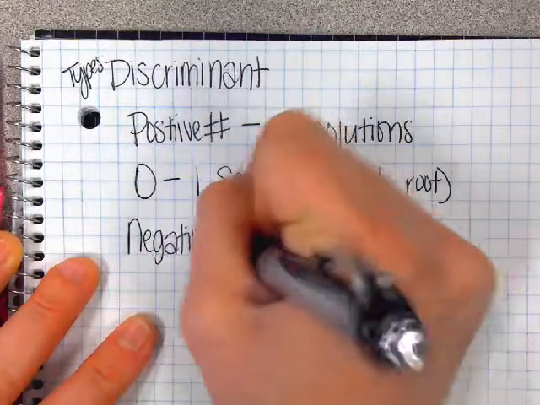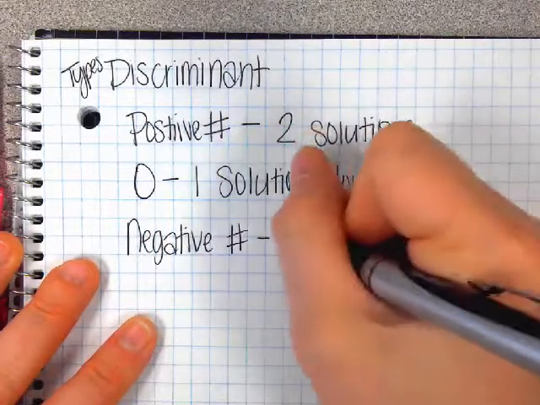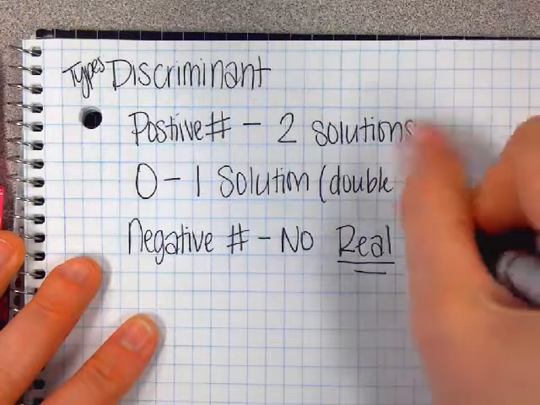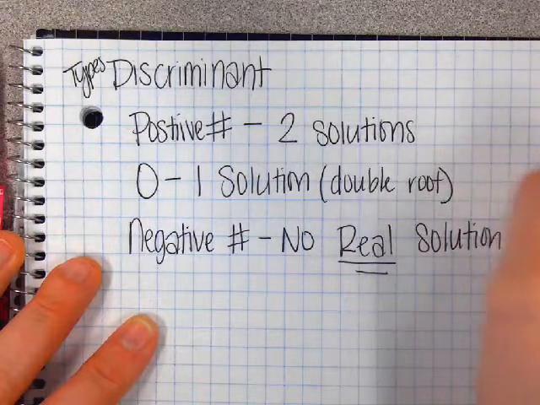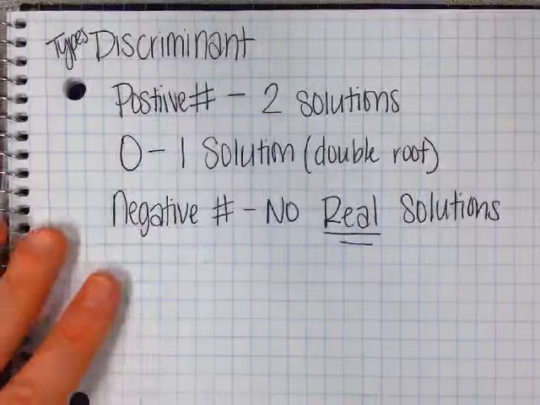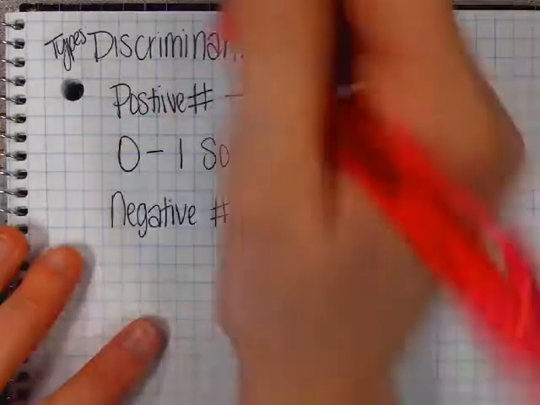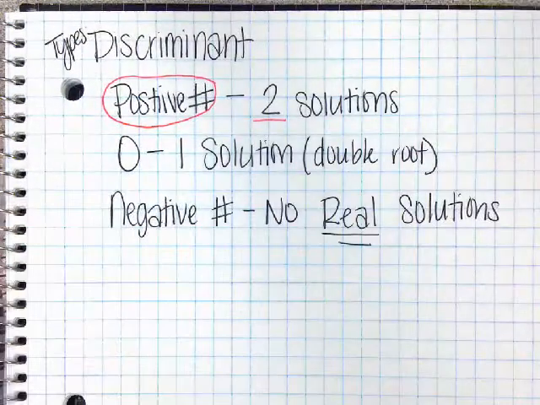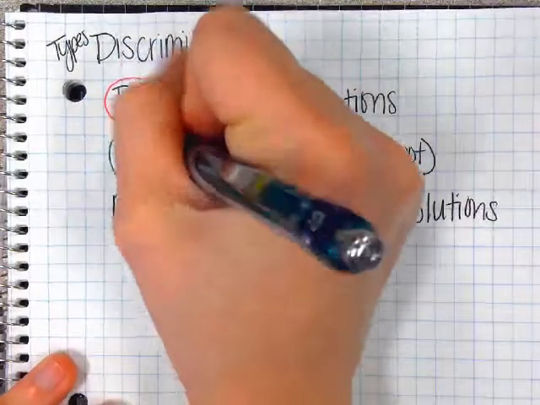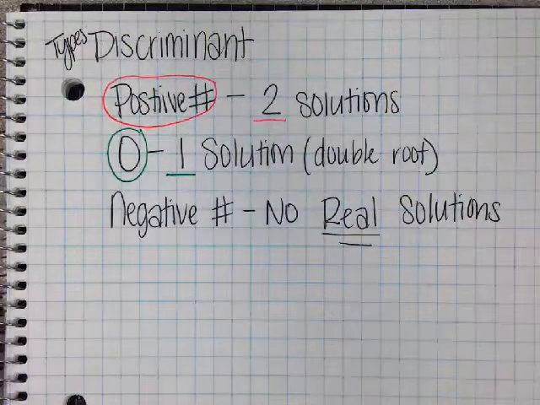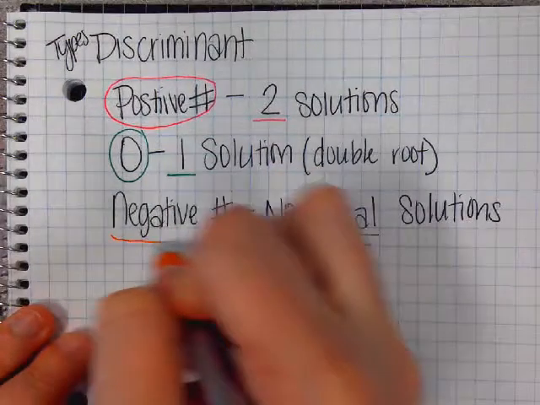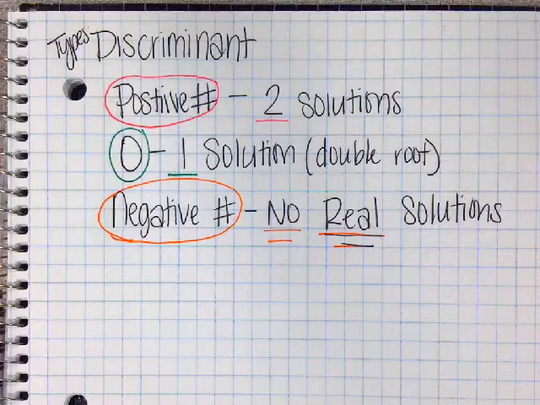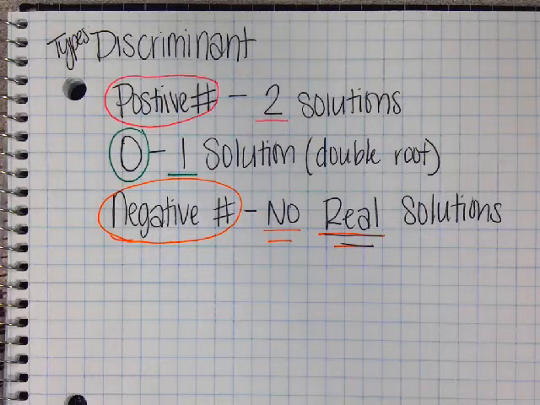And then a negative number means no real solutions. So a positive number gives you 2 solutions, a 0 only gives you 1, and a negative number gives you no real solutions.